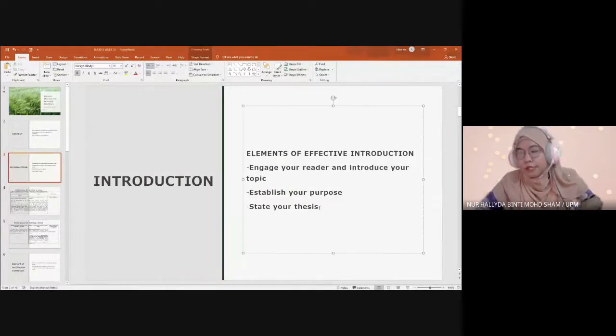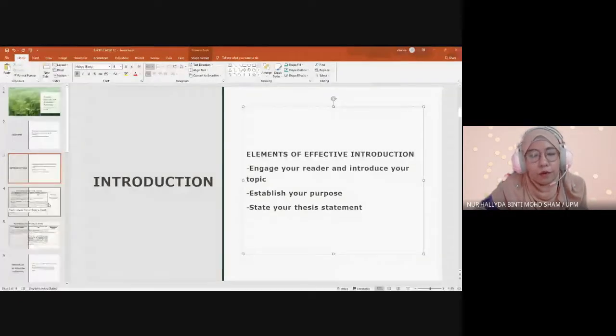Thesis statement. Yes, I have explained at length how to construct your thesis statement, and I have even shown you several examples. Hopefully you have that already. I think most groups have a solid thesis statement in your outline.